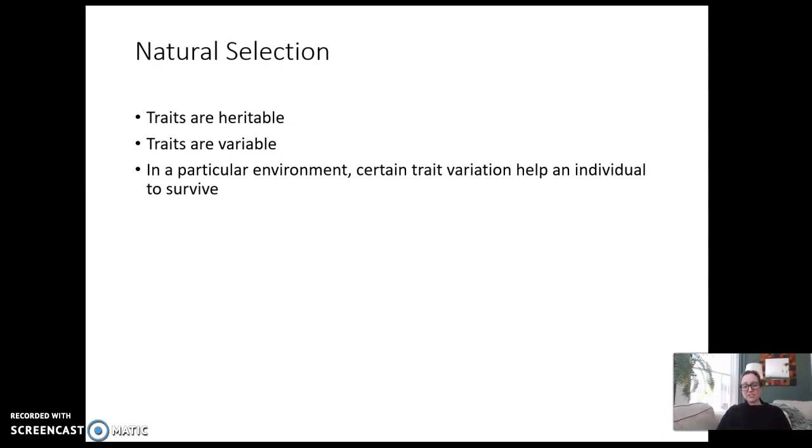Natural selection involves a couple of assumptions: that traits are heritable, that is, they can be passed down from parent to offspring. You inherit certain characteristics, and those characteristics or traits are variable. Like we inherit hair color from our parents, but there's variation. One parent might have red hair, one might have brown hair. You inherit a combination of the genes from your parents.